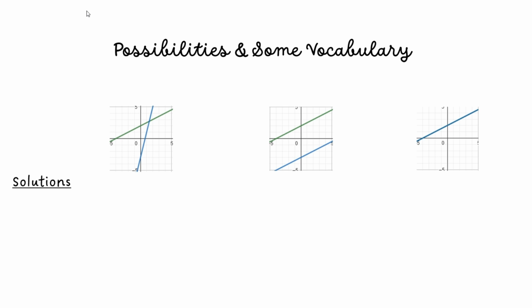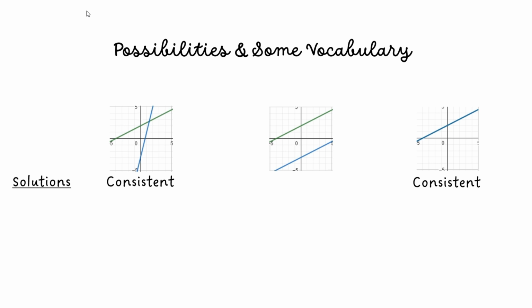So going on to talk about that vocabulary I sort of touched on earlier, the vocabulary talks about two different things. It talks about solutions and it talks about lines. So the solutions, if we have a system that has at least one answer, it could have one answer or it could have infinitely many answers, that system is referred to as consistent.